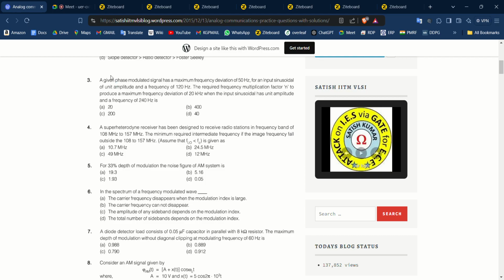A given phase modulated signal has a maximum frequency deviation delta f of 50 Hz for an input sinusoidal signal of unit amplitude and frequency 120 Hz. The required frequency multiplication factor n to produce a maximum frequency deviation of 20 kHz when the input sinusoid has a unit amplitude and a frequency of 240 Hz is.